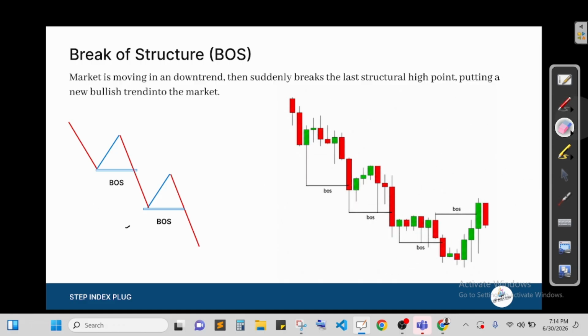And this breakout of structure is very important because it will enable you to know the trend of the market. Most of the time, when identifying the trend of the market, majority of traders do not say, okay, the market is moving in higher high and higher low. They look for breakouts.